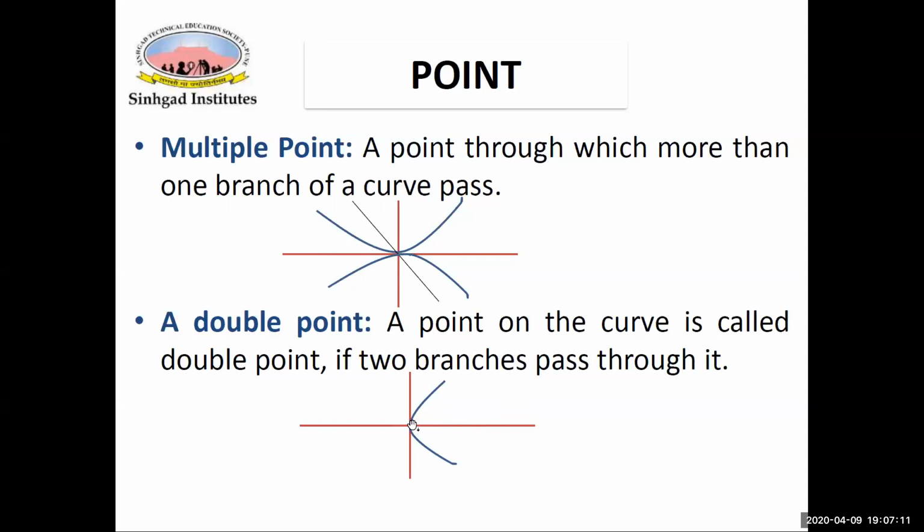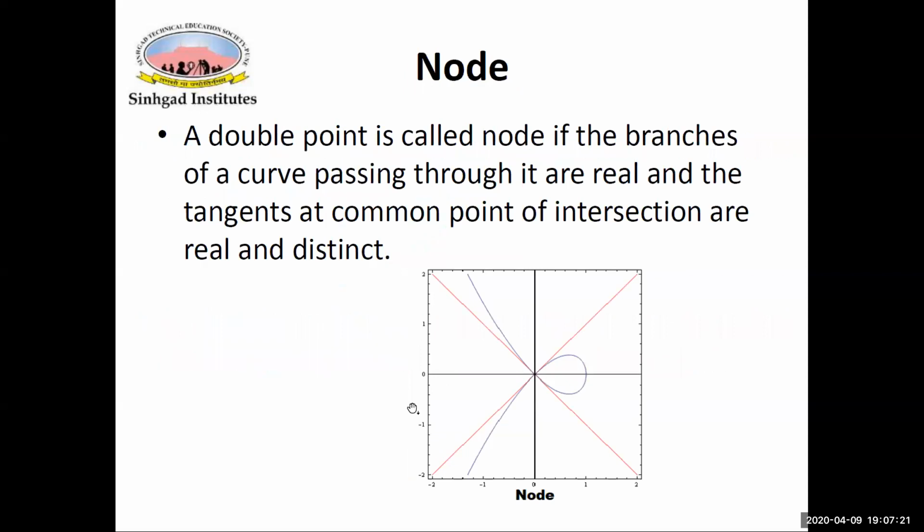Depending on the nature of the tangent at the double point, it is divided into 2 types. First is node. See here at the origin, it has 2 branches, meaning it is a double point.